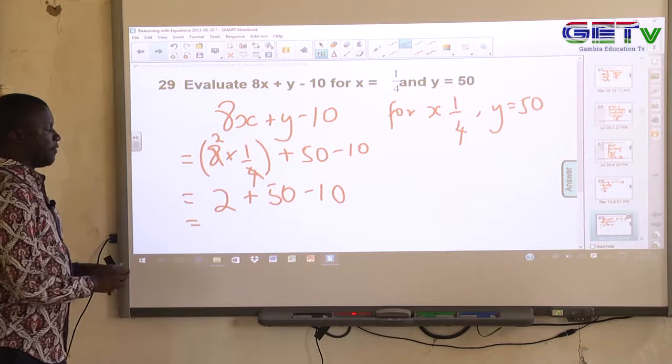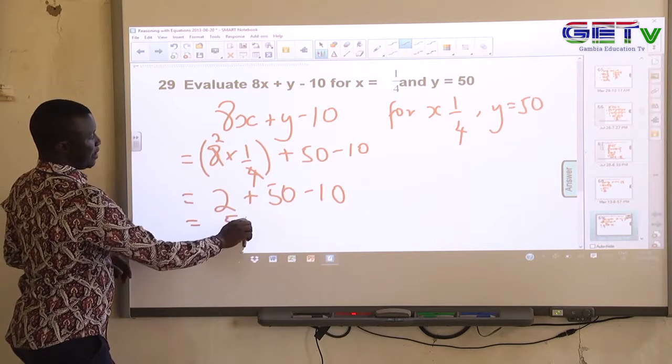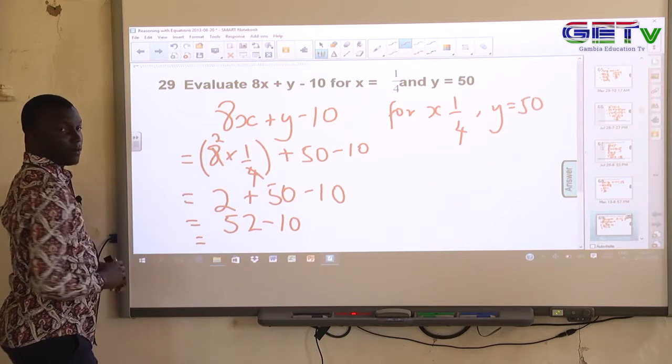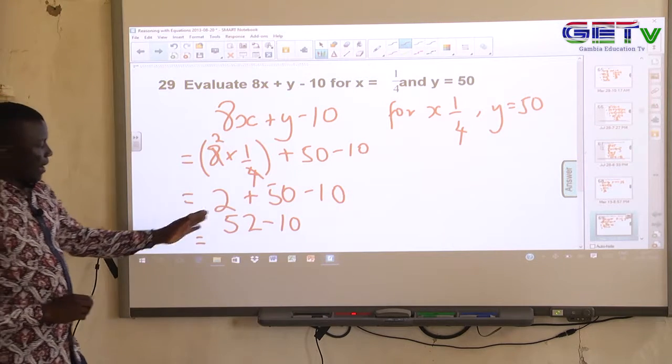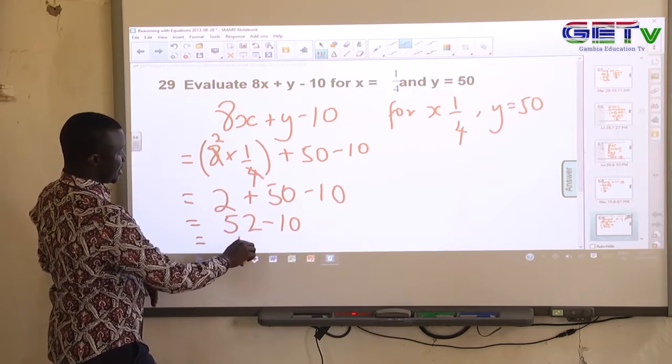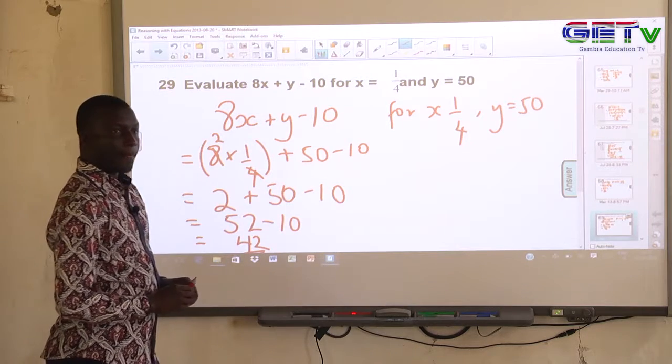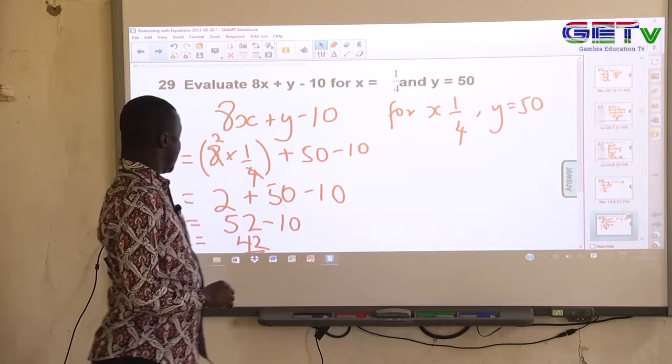You can further simplify. 2 plus 50 is 52, minus 10. We shall have 52 minus 10 is 42. We conclude that as our final answer.